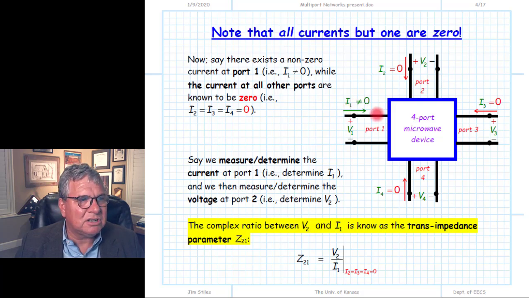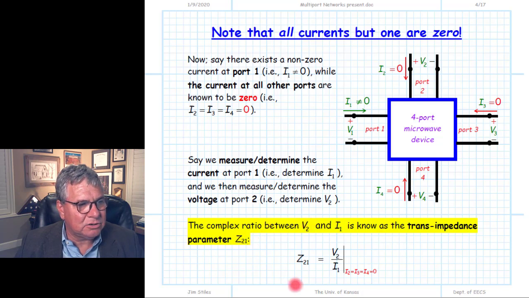If we had other currents, if we had a current I1 and I3, we'd have some voltage at V2, but how much of that voltage is due to the current at I1 and how much of that voltage is due to the current at I3? What we're trying to do is determine the voltage result at, in this case, port 2, due to the current at port 1 and port 1 only. And to do that, we have to set the current at all other ports equal to zero.